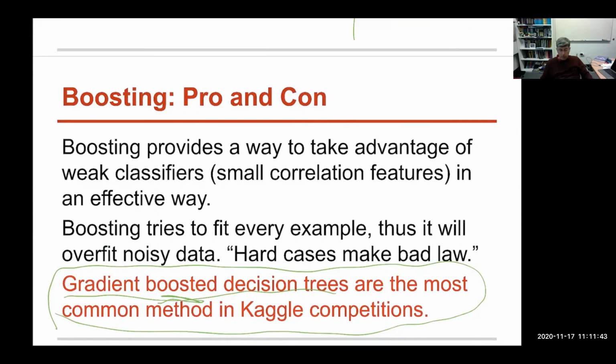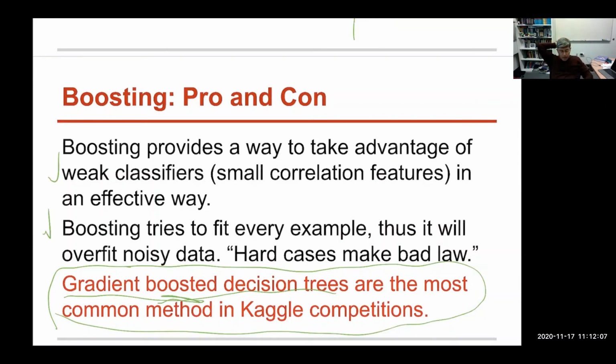Boosting gives us a way to take advantage of weak classifiers. The good thing is it tries to fit every example. The bad thing is that because it's fitting every example, if you have noisy data, boosting tends to overfit it. So it's sensitive to noisy examples.